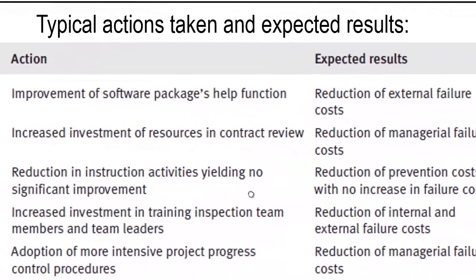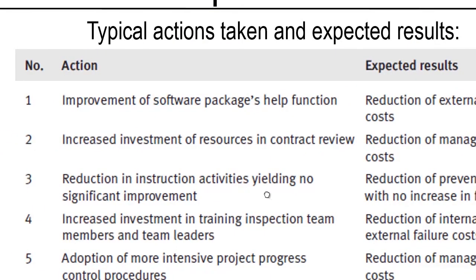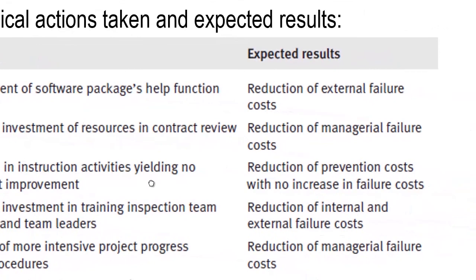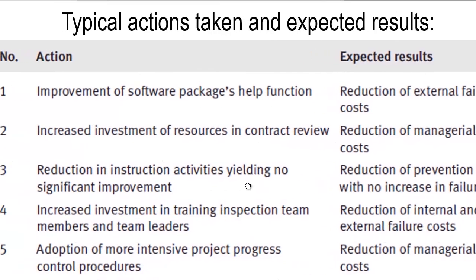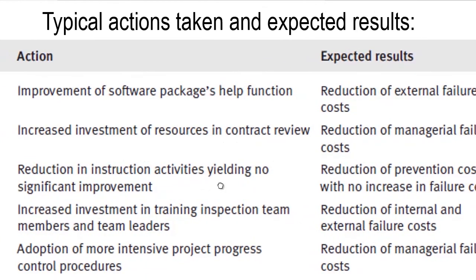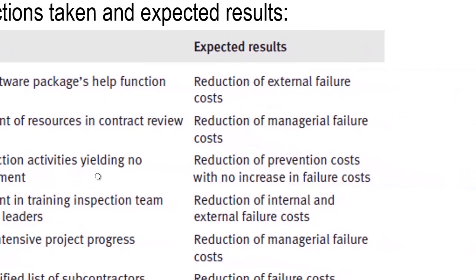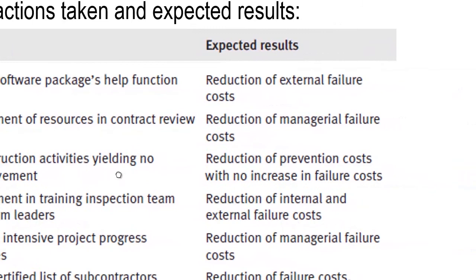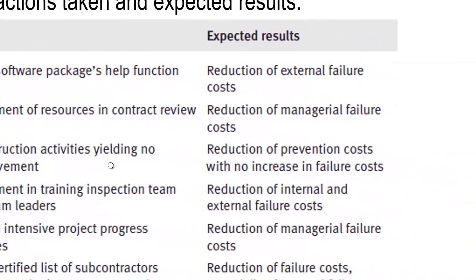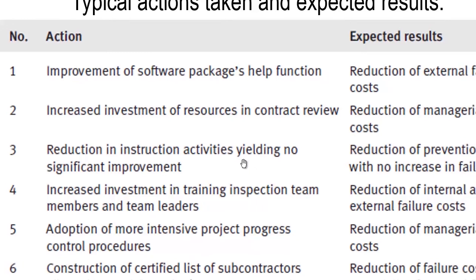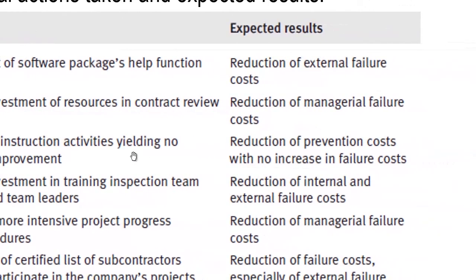Now, when you consider the first action, expected result: reduction of external failure costs. Second action: reduction of managerial failure costs. Third action: reduction of prevention costs with no increase in failure costs. Fourth action: reduction of internal and external failure costs.